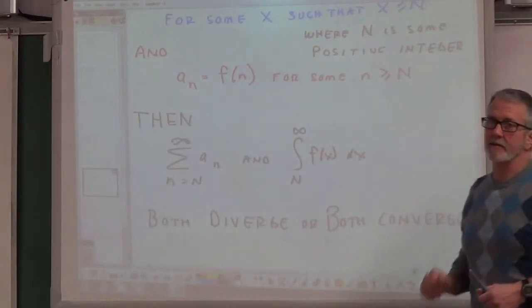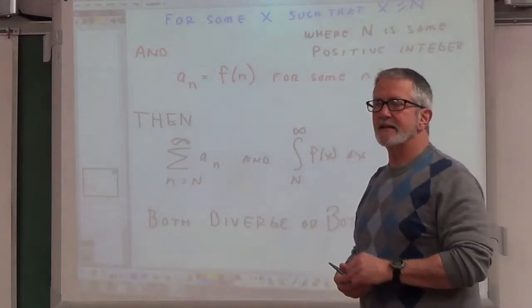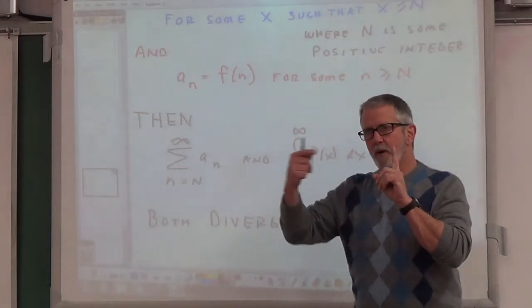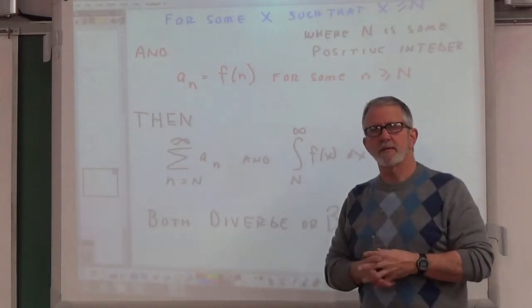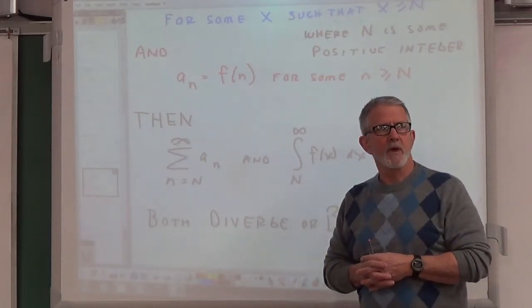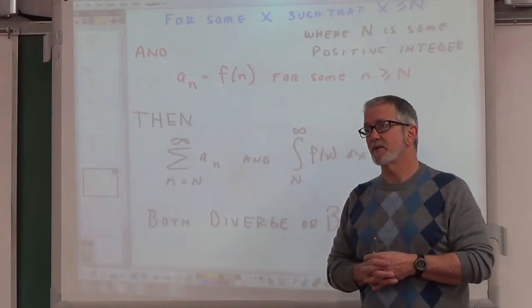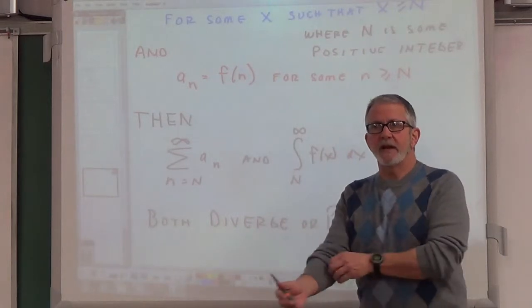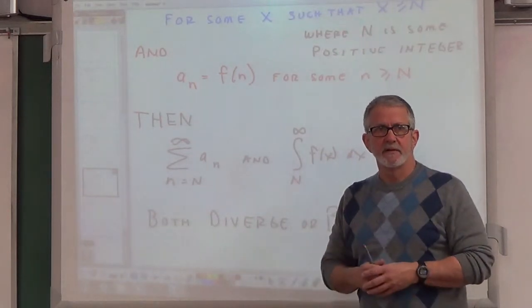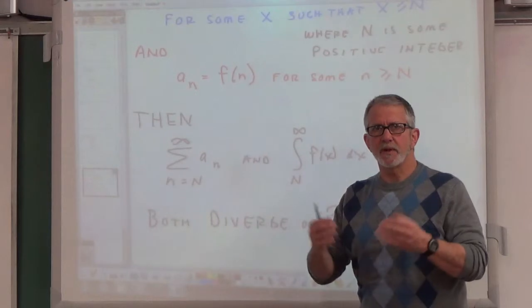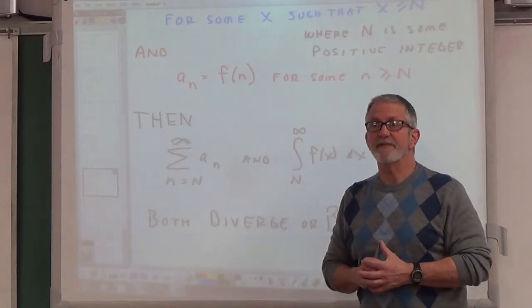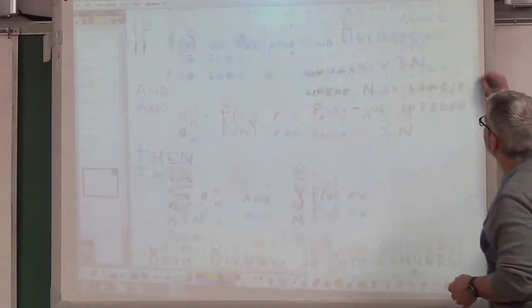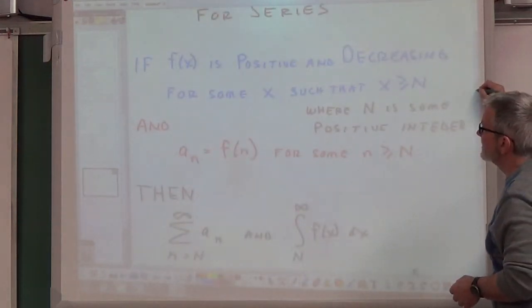That's a very nice theorem, because keep in mind one of our original questions when we started talking about series: does the series converge or does it diverge? We may not be able to find out what the series converges to, but it's important for us just to determine if it does converge or diverge. So this is a nice theorem, the integral test for series.